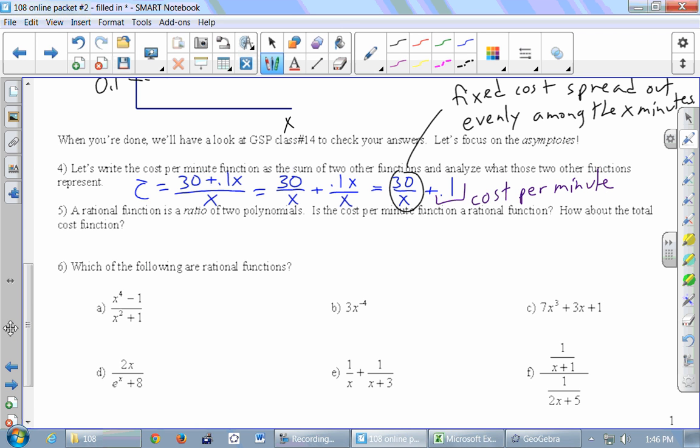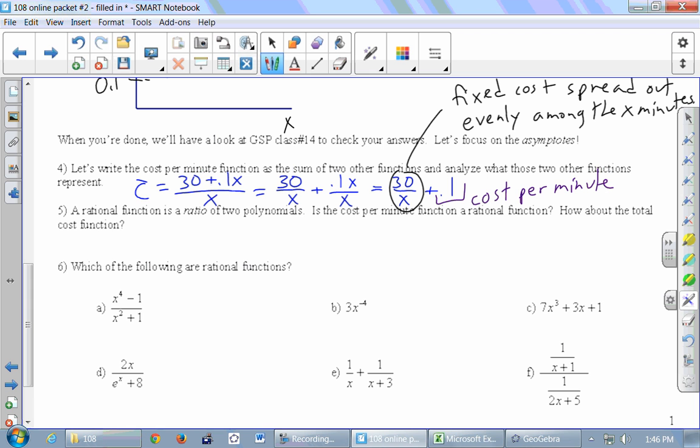So the bigger the x, the more you talk, the more that $30 is getting spread out, the more pieces it's getting spread into, which is why the whole function approached 0.1, because this 30 over x became closer and closer to 0 the more and more you talked.